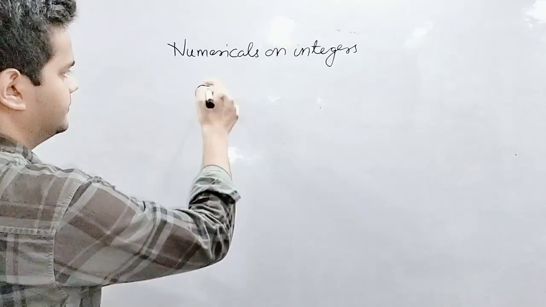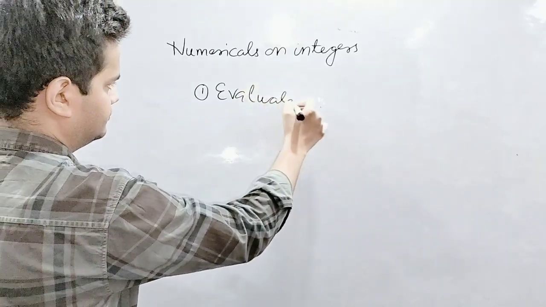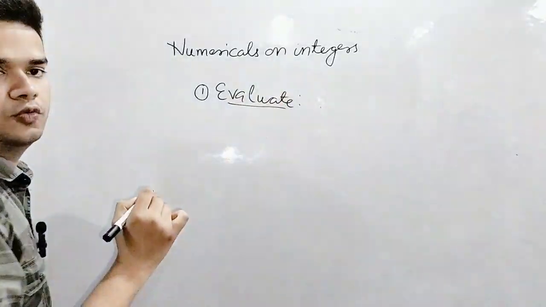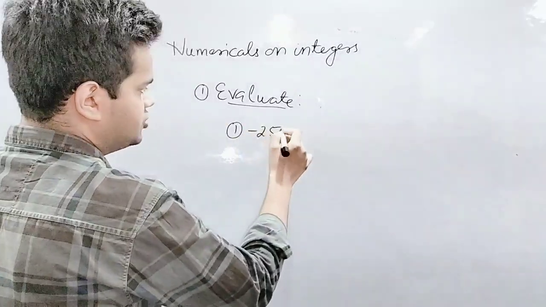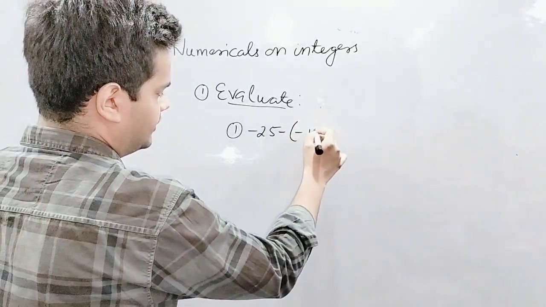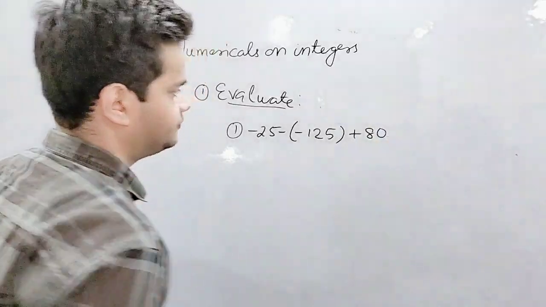Now first question is, evaluate minus 25 minus 125 plus 80.